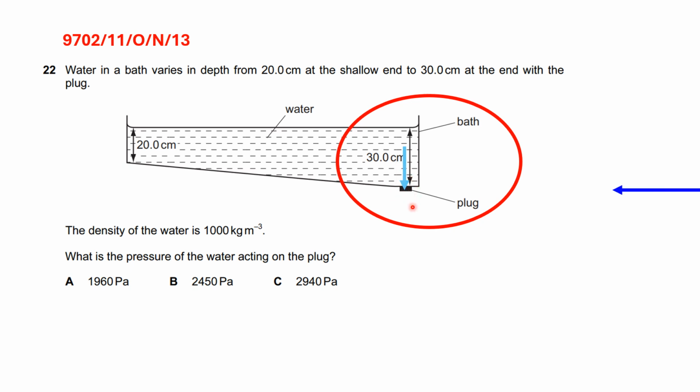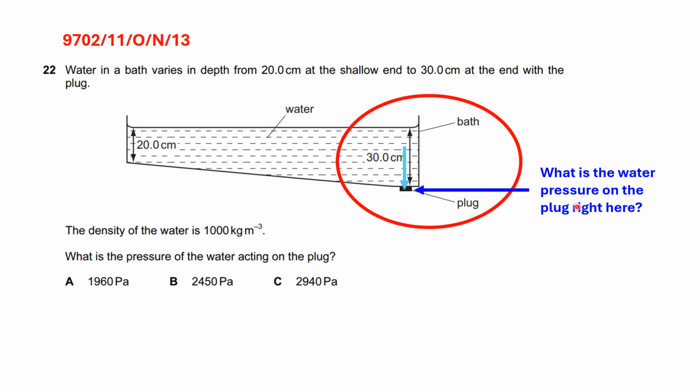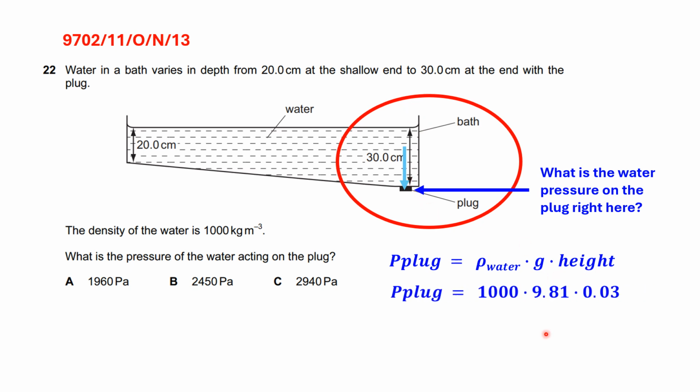To calculate this pressure right on the plug, we are using the formula for pressure in a liquid. So the pressure at the plug is equal to the density of the water times g times the height from the water surface to the plug.